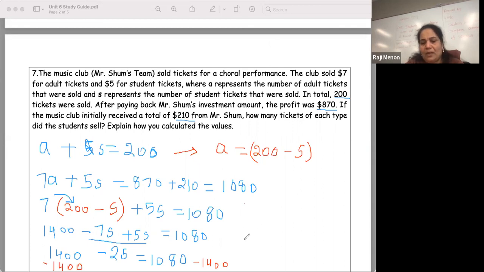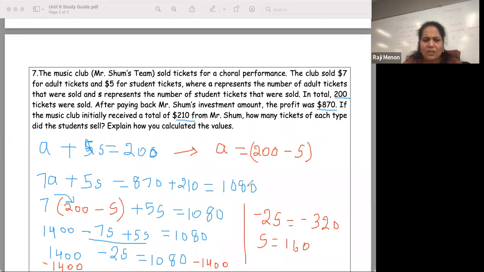So you will get negative 2S equal to negative 320, right? Yeah, hope I'm doing it right. If I'm making silly math mistakes, forgive me. So S equals, when you divide, you will get 160, right? Yeah. So the number of student tickets must be 160.